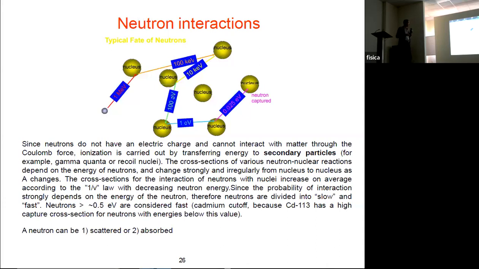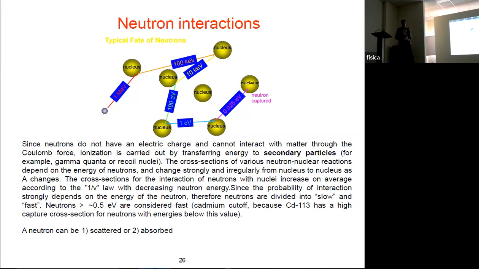The most probable way to be captured is when the neutron energy is at about 25 millielectron volts.